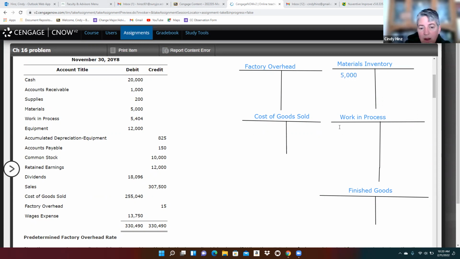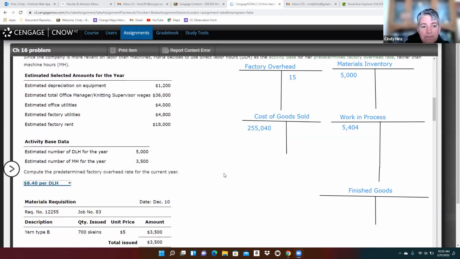Work in process already had 5,404. Our cost of goods sold for the stuff we had sold earlier in the year, January through November, $255,040. Our factory overhead had a $15 credit balance. And at this point, we had no finished goods. So now we have all of our opening balances in there.